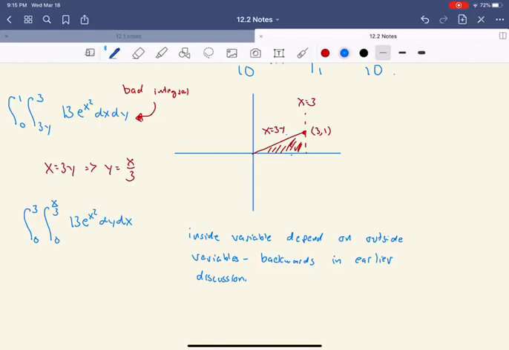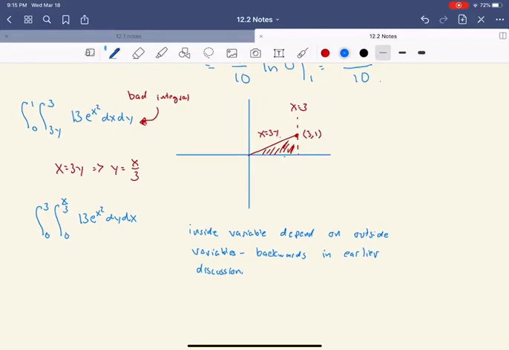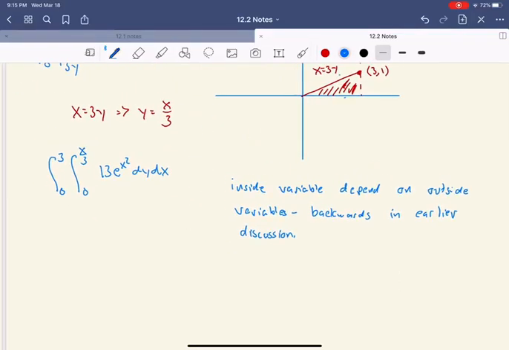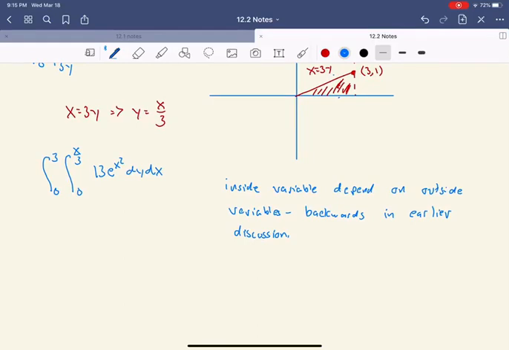Okay, so let's go ahead and attack this integral. At least get it started. So, we start this integral, we're going to get the integral from 0 to 3. Now, when we do this integral, we're going to get 13 e to the x squared times y, 0 to x over 3 dx.